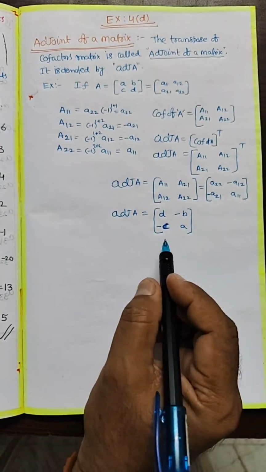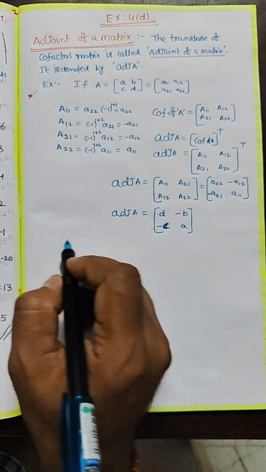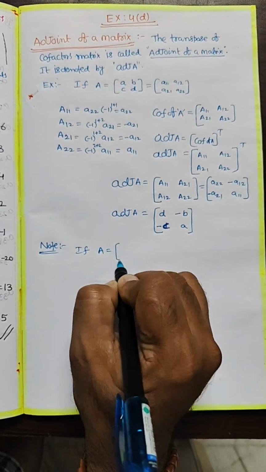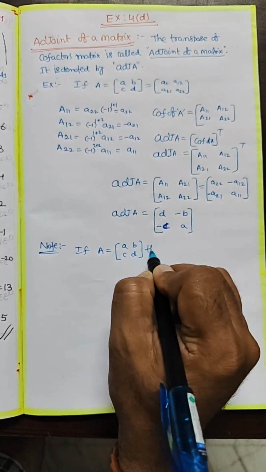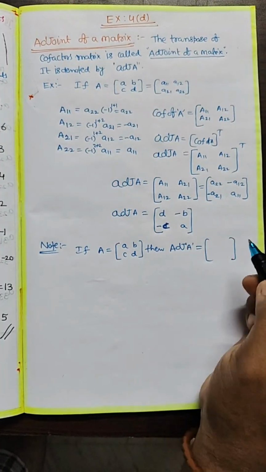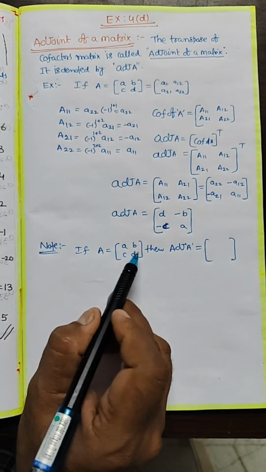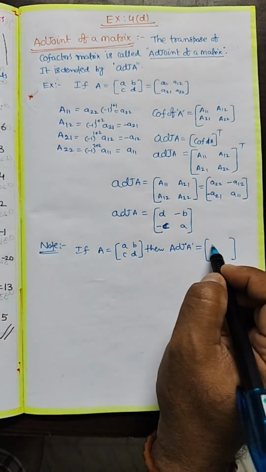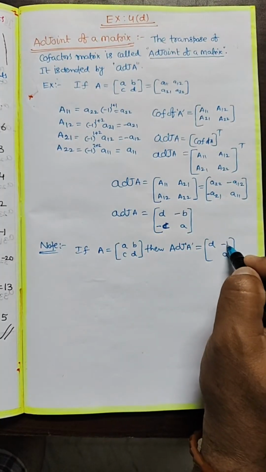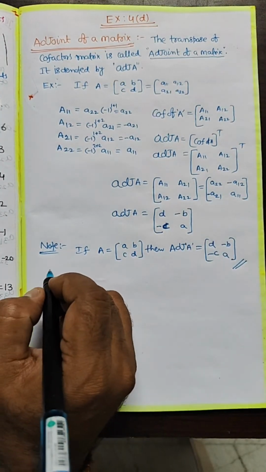So if A is a, b, c, d, adjoint A becomes, from this note, interchanging the principal diagonal elements, so d, a, and sign changing of the other diagonal, minus b, minus c. I hope you understand.